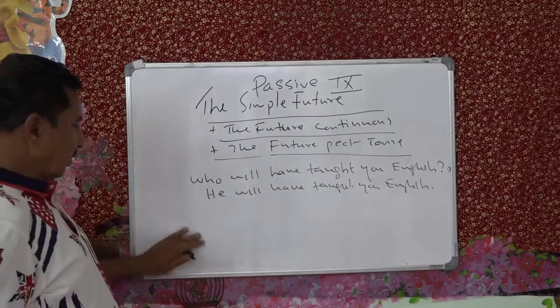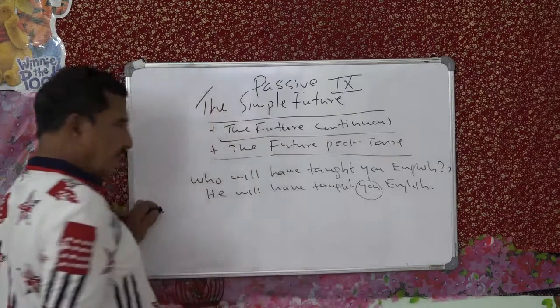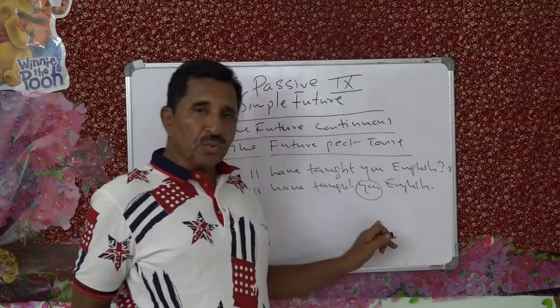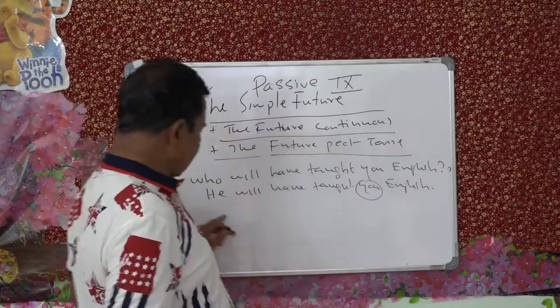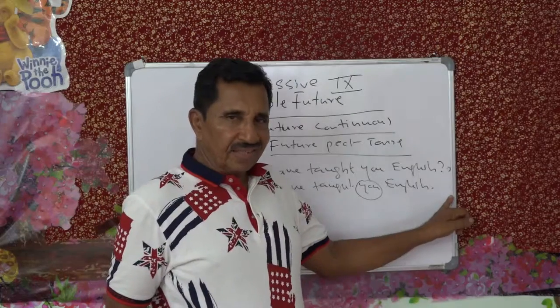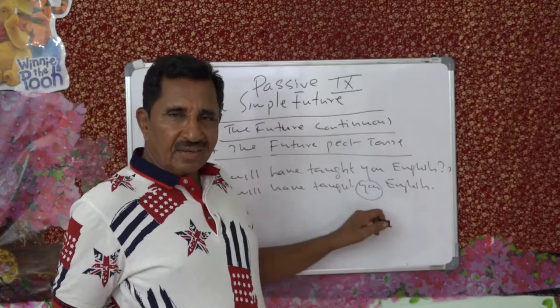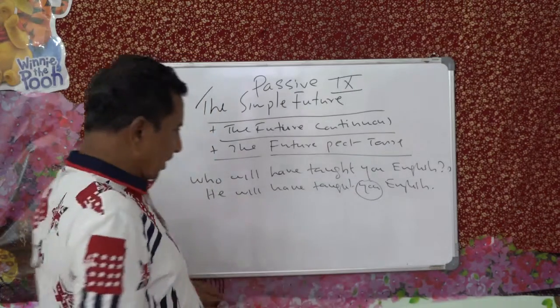Then when you have got two objects, what do you do? Then take the personal object. In the case of two objects, because this is actually, he will have taught English to you, isn't it? Because you are putting it here, and so now two is required.